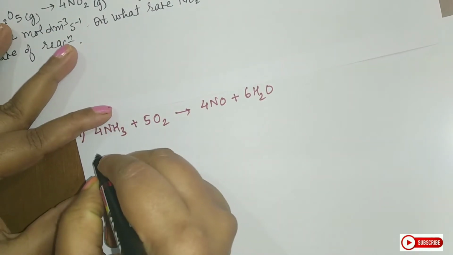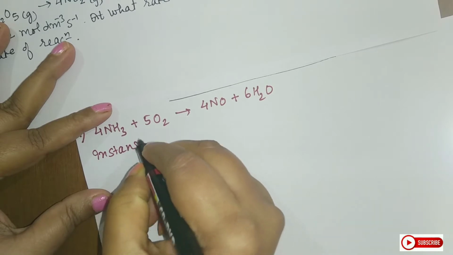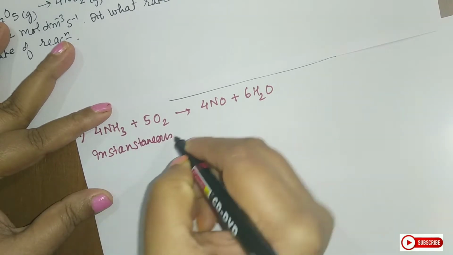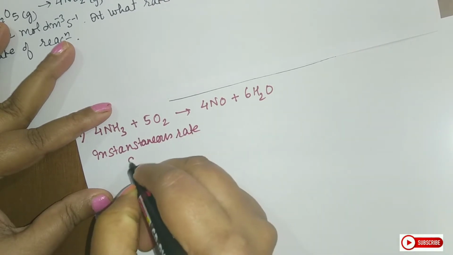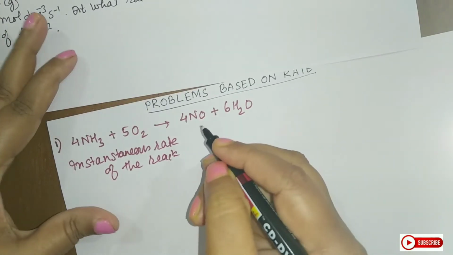So let us write the rate here. I am writing the instantaneous rate. So the instantaneous rate of the reaction, you have to write for the complete reaction.